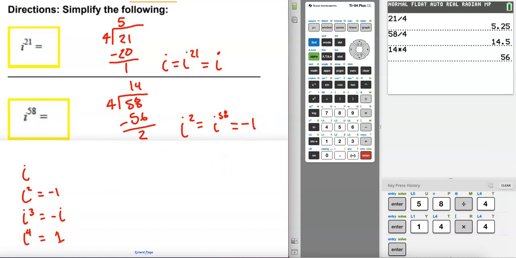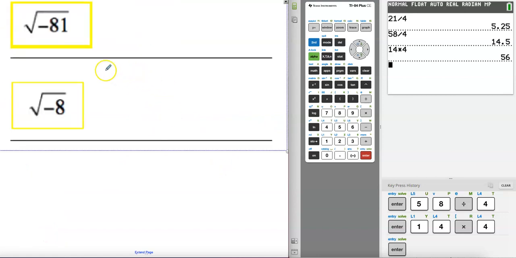All right, let's take a look at some more examples. Here we are simplifying these radicals. We learned that when we have a negative under the square root, that negative tells us to pull an i out in front of it, and I'm going to put that lowercase i because it lets me know that this is an imaginary number.